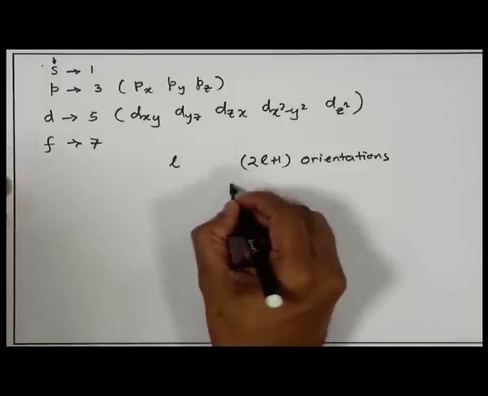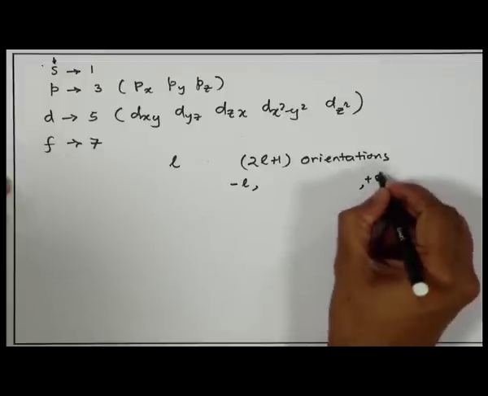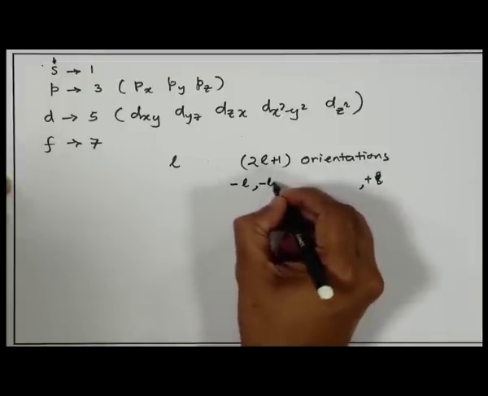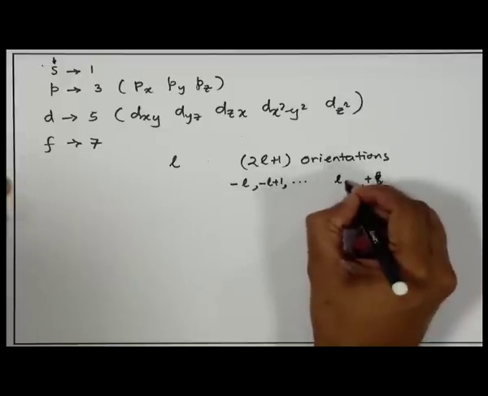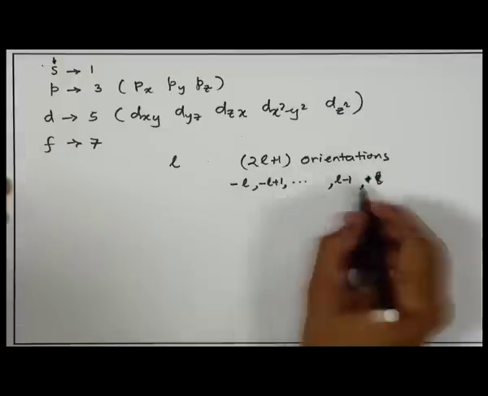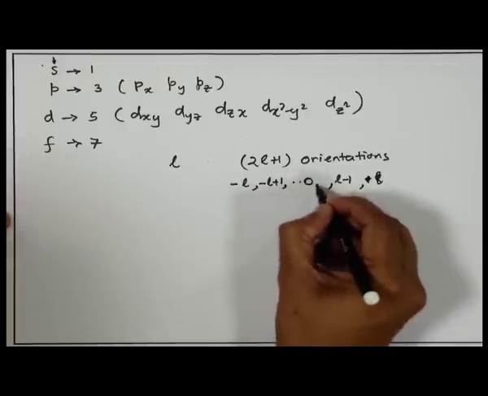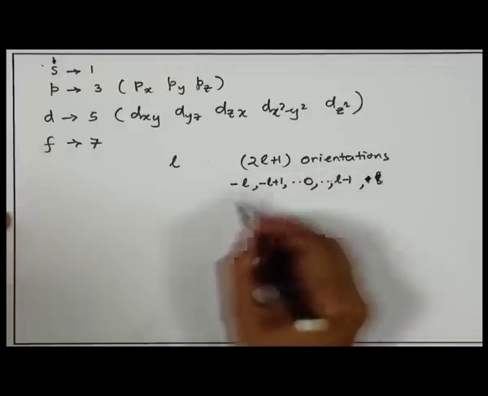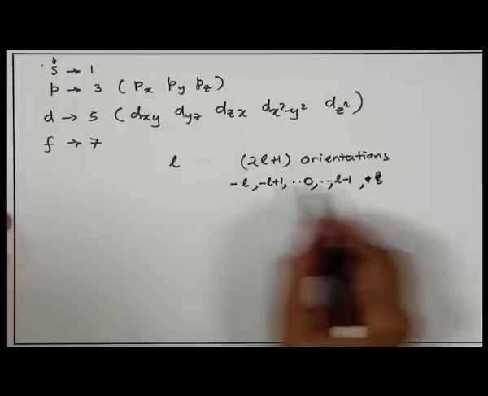They go from minus L to plus L in steps of 1. So, minus L, then minus L plus 1, and then L minus 1 and L, and in between the 0 will come. This way there are 2L plus 1 different orientations starting from minus L to plus L.